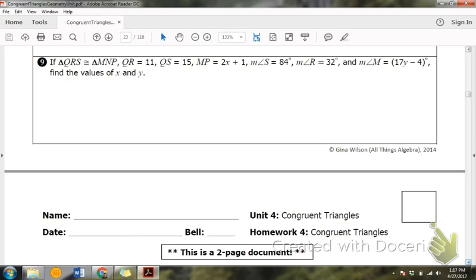Draw it something like this. So I'm going to do Q, R, S, and then I'm going to draw it almost the exact same, M, N, P, so that it looks the same. Because I don't need to unnecessarily confuse myself if I get to be the designer.